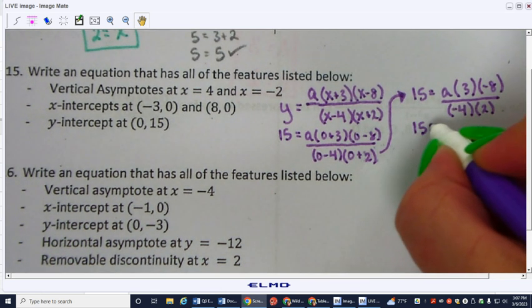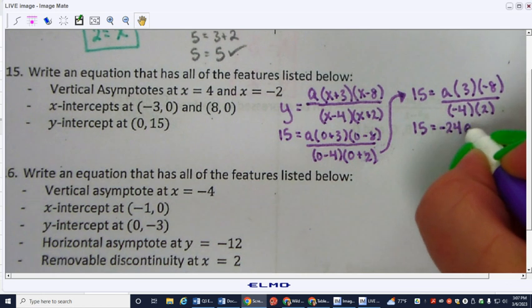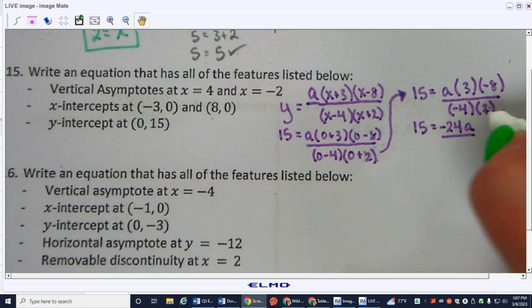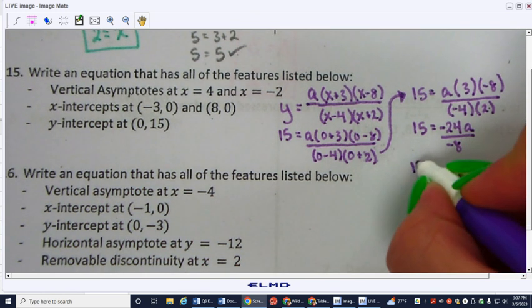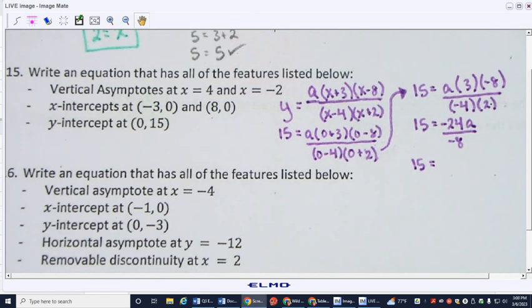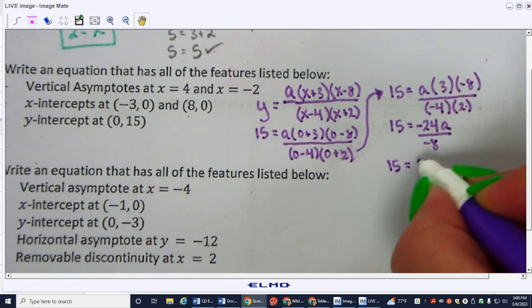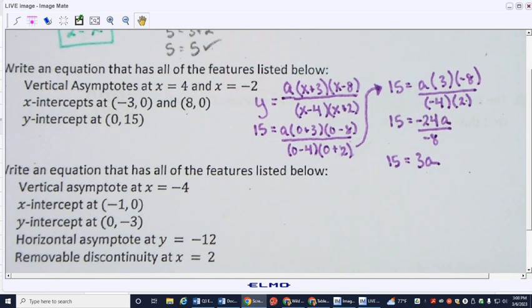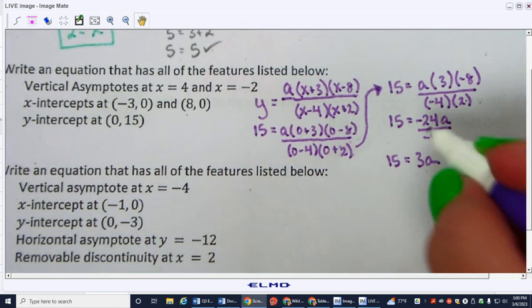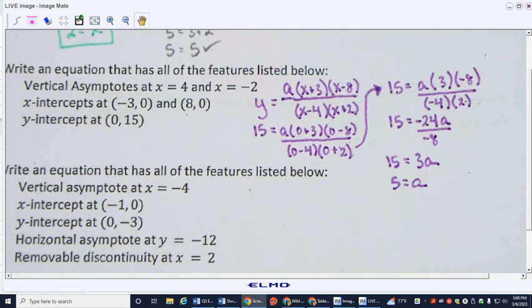So 15 equals 3 times negative 8 is negative 24a over negative 4 times 2 is negative 8. 15 equals negative 24 over negative 8, positive 3a. How big is a? 5, right? Divide both sides by 3, and you get 5 for your a value.